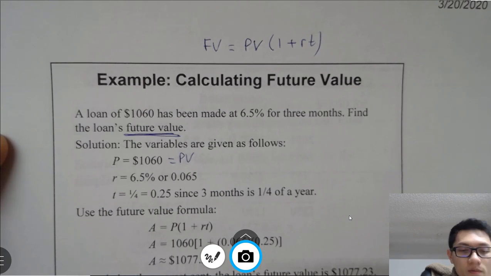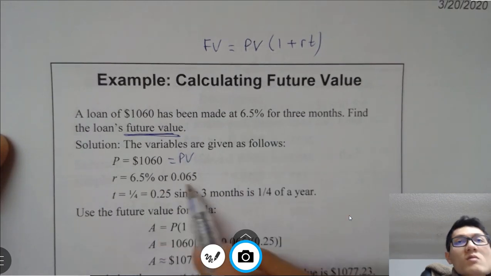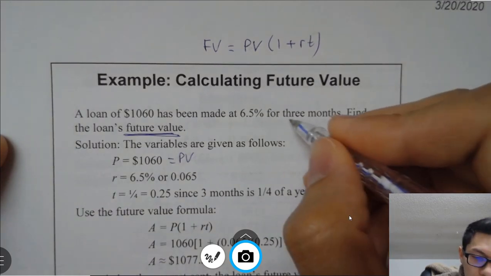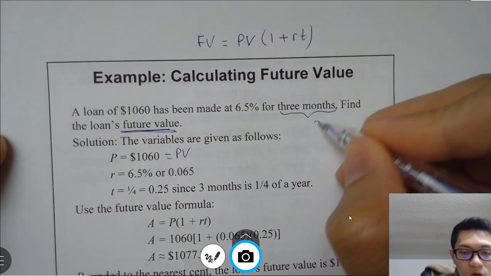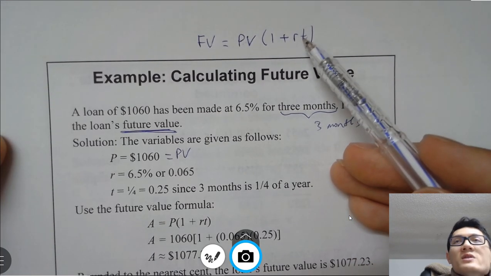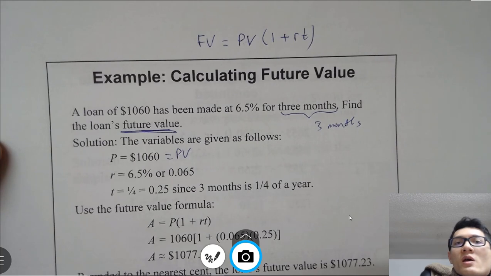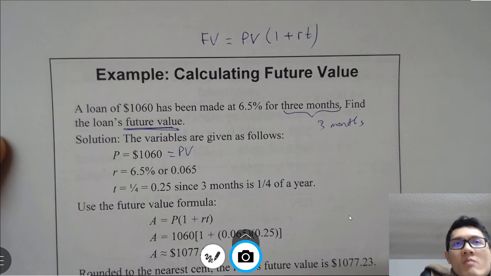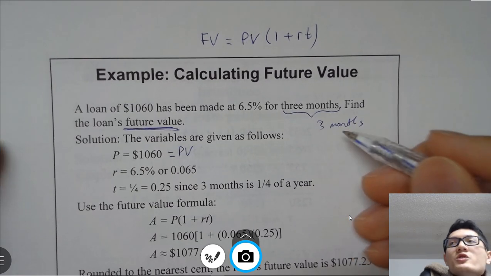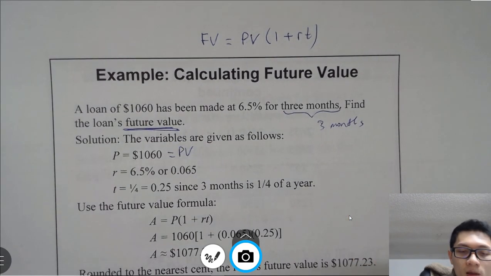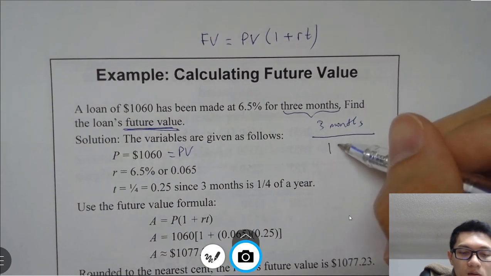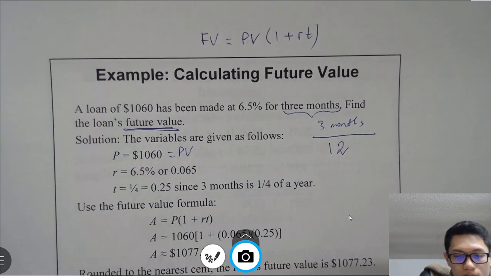6.5% is the rate. In decimal, 0.065. And 3 months. However, I told you earlier, the time T has to be in years, not in months. So you need to convert the 3 months to years, and we can do that by dividing by 12.